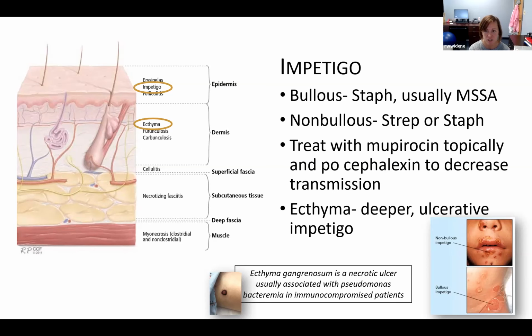the honey-crusted lesion is mostly going to be strep, but you can have staph there too. We treat these topically with mupirocin, and then also PO cephalexin helps for treatment to decrease transmission, and that's just going to be a 7-day course.